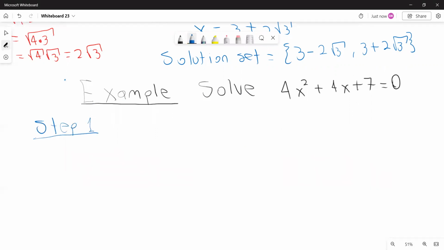If the leading coefficient is not 1, we divide everything by the leading coefficient. That is, we divide each term by 4, by the leading coefficient 4. So we're dividing everything by 4, and x squared plus x plus 7 over 4 equals 0.